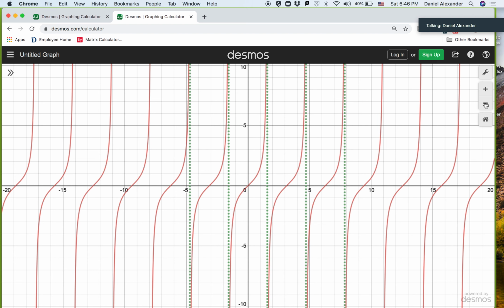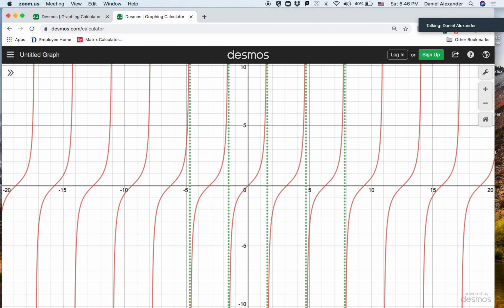We saw where those were. The range is minus infinity to infinity because as x approaches pi over 2, tan x approaches infinity, and as x approaches minus pi over 2, tan x approaches minus infinity. The period is pi, you can see that. It just repeats itself, and the amplitude is infinity.